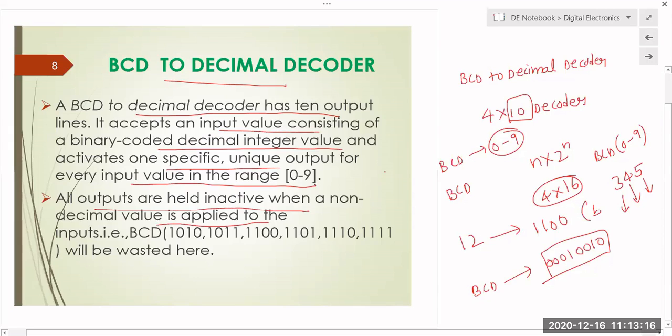Non-decimal values are 10, 11, 12, 13, 14, 15. It operates only for decimal values 0 to 9. So the BCD codes 1010, 1011, 1100 and so on, which are 10, 11, 12, 13, 14, 15, are all wasted. Is that clear?